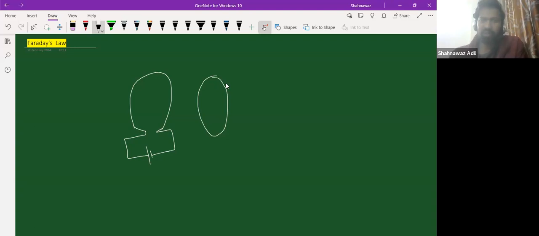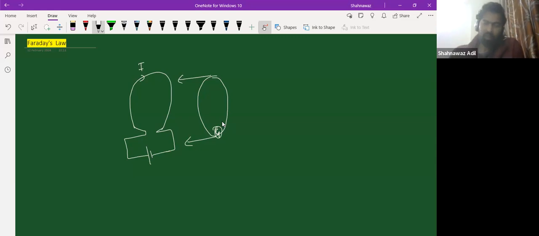So these two coils are there, and then he moved this coil in this direction, because some current was flowing. Due to this current, some magnetic flux was passing through this area. Then he connected a galvanometer, and when he moved this, the galvanometer showed some deflection. So this was the idea.